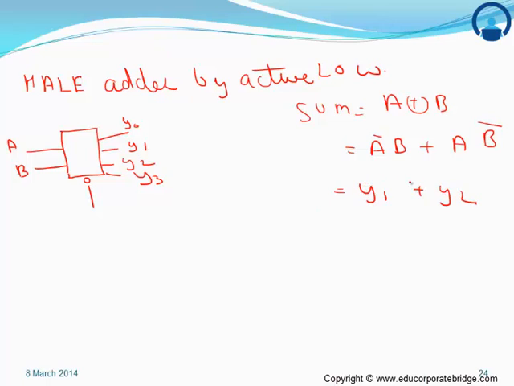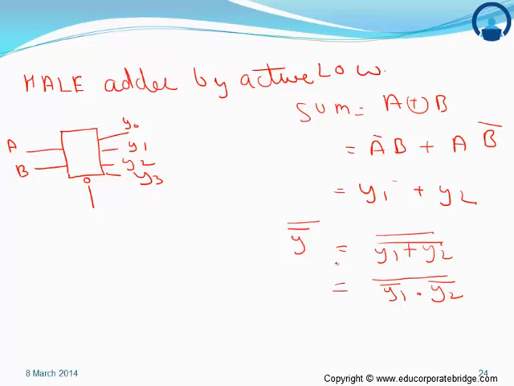To implement this equation for the half adder using active low, let's use a Boolean expression. Sum is equal to Y1 plus Y2 to the whole bar, and again we apply a bar, so the equation remains the same. After simplifying this, we get Y1 bar into Y2 bar the whole bar.